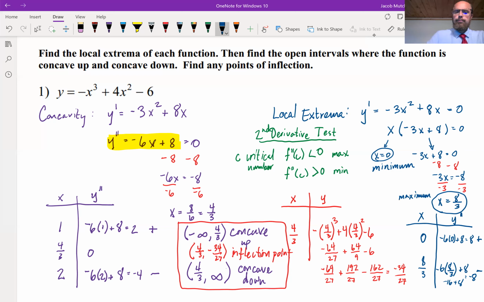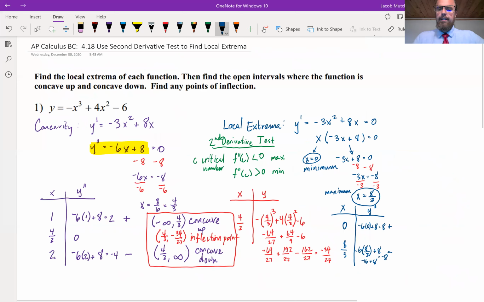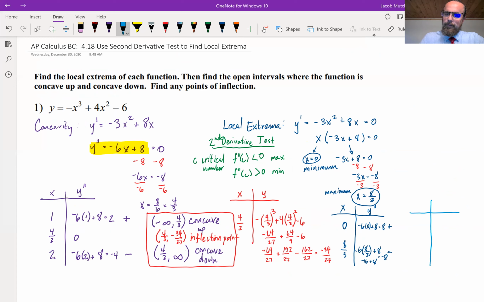And just to round all this algebraic work out, what we need to find is the y values on the original function, and then we'll add that to our list and we'll be complete. So I'm going to make a third table here, x, and again I've got 0 and 8/3.